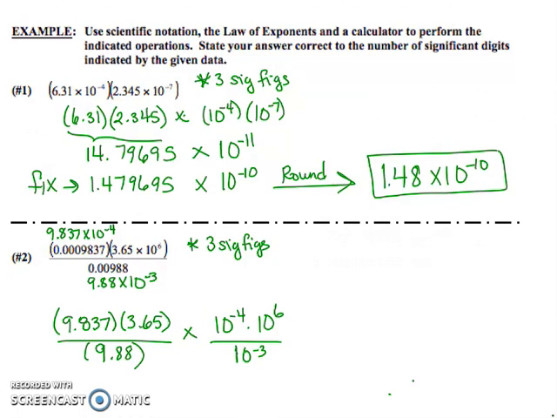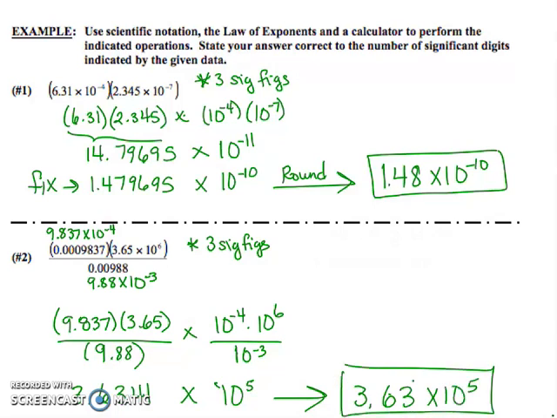And the left side, when I multiply and divide, I end up with 3.6341 times 10 to the, okay, let's do the exponents. Negative 4 plus 6 gives me 2, and then 10 to the 2nd over 10 to the negative 3rd. When I bring that negative 3 upstairs, combine it with the 10 to the 2nd, this becomes 10 to the positive 5th. Okay, I have to simplify to correct significant figures, so I have to round. This is going to end up being 3.63 times 10 to the 5th power for my final answer.